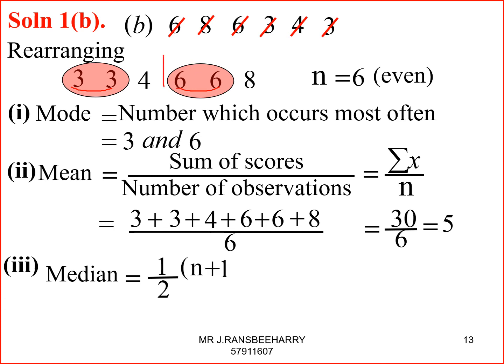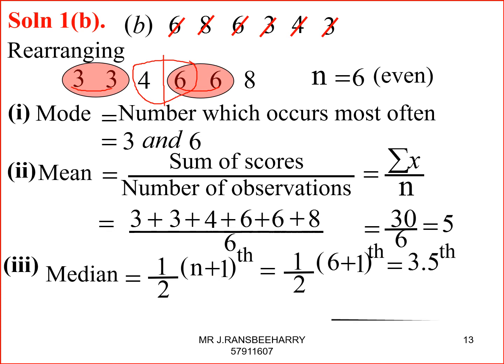Here we have 3 terms and 3 terms, so we have 2 terms in the middle, 4 and 6. So the median will be 4 plus 6 over 2, 10 over 2, 5. Or we can use the formula. The formula for the median is the half n plus 1'th term. So 6 plus 1, 7 over 2, 3.5. The meaning of the 3.5th term is between the third and fourth term.